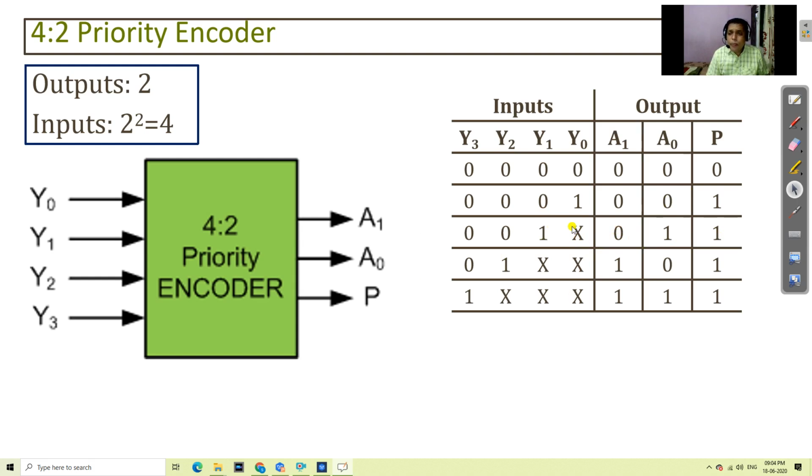Whatever the input to this bit, let us consider this case: if the input is 1 0, then it will produce the output 0 1. If the input is 1 1, then also it will produce the output 0 1. It will ignore the lower bit and consider only the higher bit. Whichever higher bit is present, it will produce the output corresponding to that bit. Hence the lower bit is ignored.